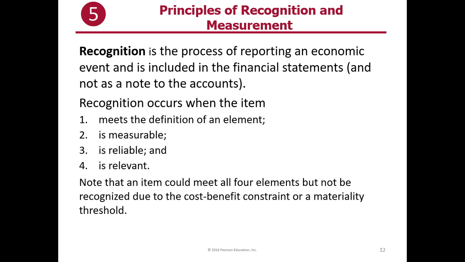If it is reported in the financial statement, it is called recognized revenue or recognized expense. So when does this recognition occur? When it meets the definition, it can be measured, it is reliable, and it is relevant.